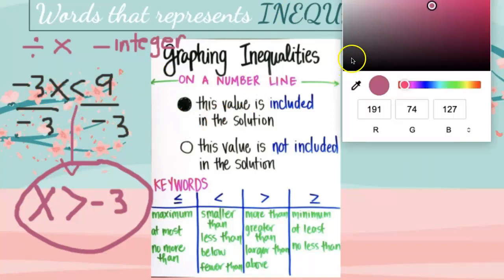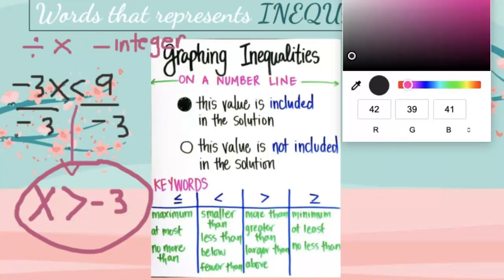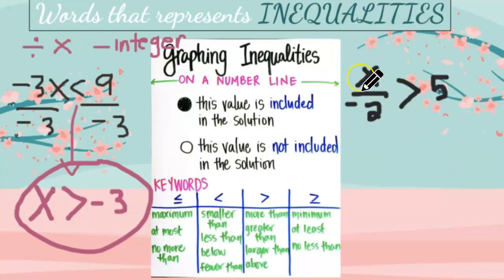Let's say another example. We have x over -2 greater than 5. The easy way to do this is cross multiply. If you remember ratio and proportion, this is just a one-step inequality. So we multiply both sides by -2. Usually we put it over here so that you're not gonna get confused.